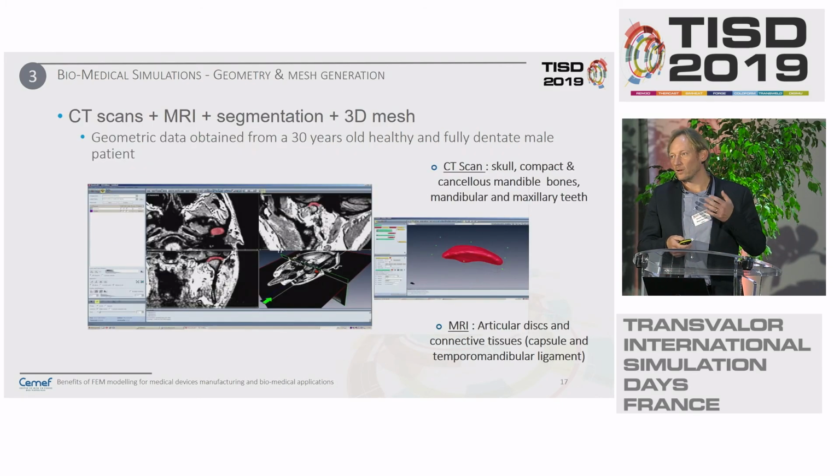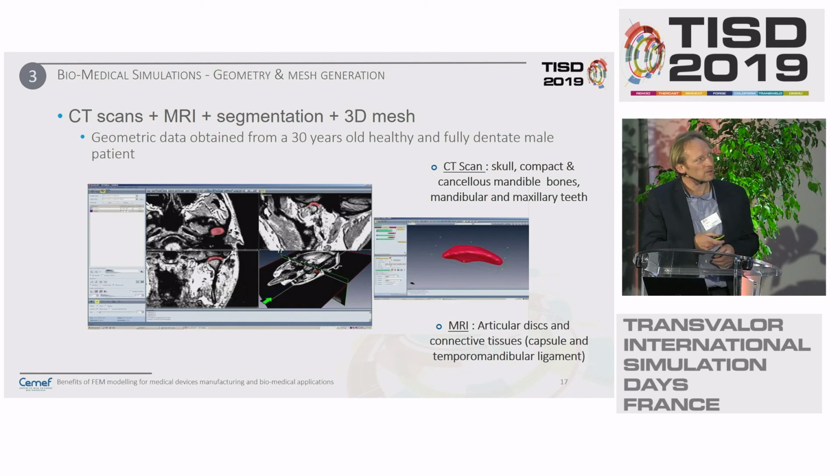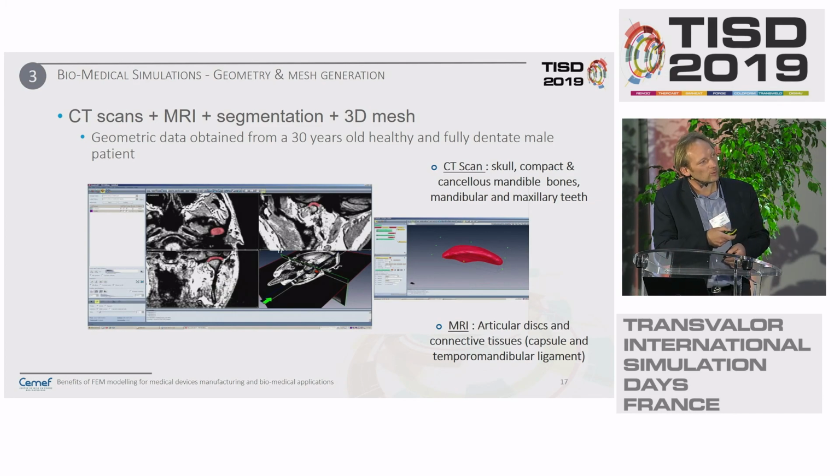So for having the geometries of the different organs or tissues of interest, we used CT scans and MRI images. The CT scans were for the skull, the bone, the hard tissues, and we used MRI for the soft tissues.